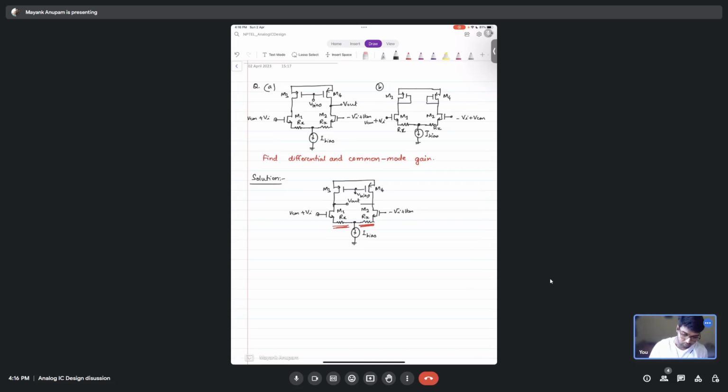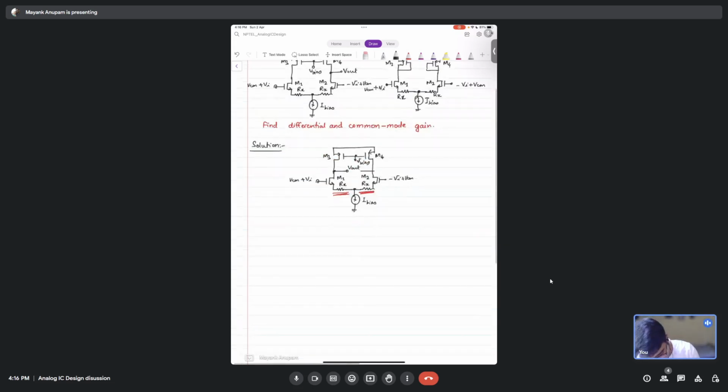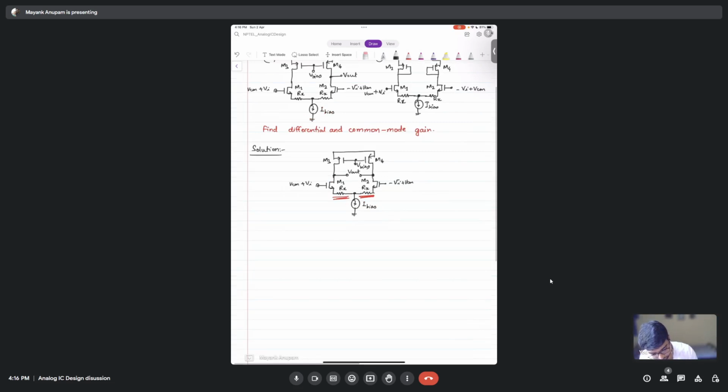The differential mode gain will be minus gm1 into RO3 parallel... Assume these two transistors have the same gm.